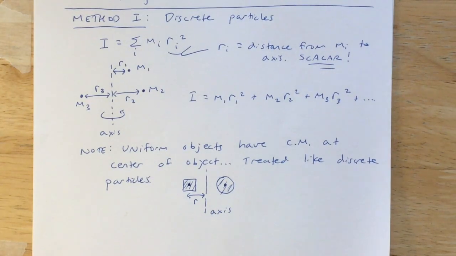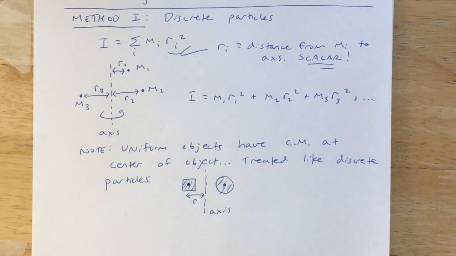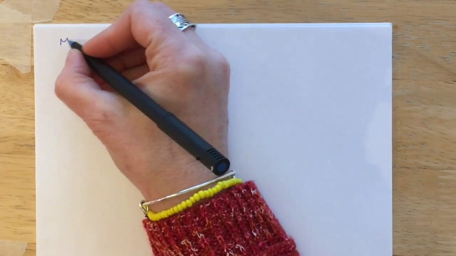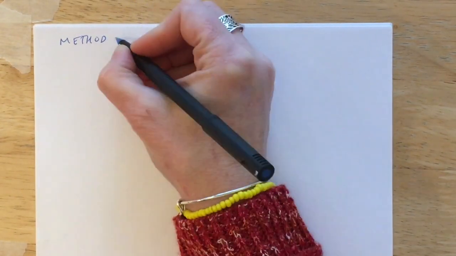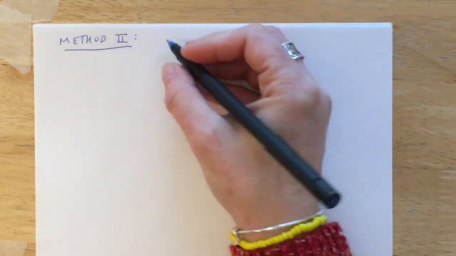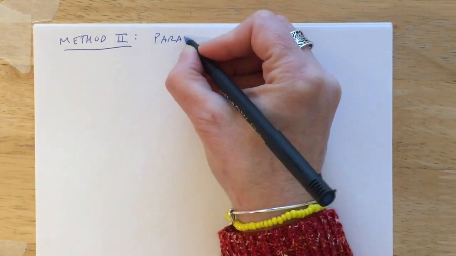Okay, so that's the first method for discrete particles. So the next method for calculating moment of inertia, and the last one that we'll talk about in this part 1 of the video, so method 2, is what's called the parallel axis theorem.